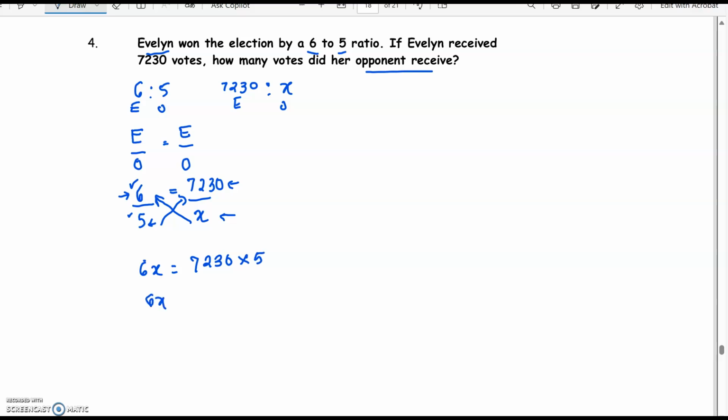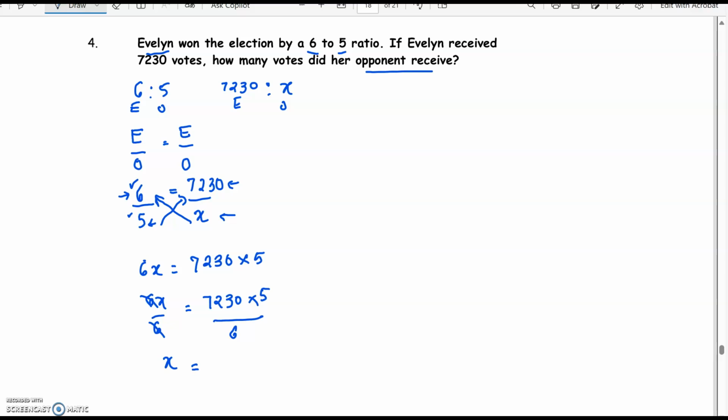So 6x over 6 is equal to 7230 times 5 over 6. We cancel common factors. X is equal to 7230 times 5 divided by 6, and let's see if we can cancel common factors.